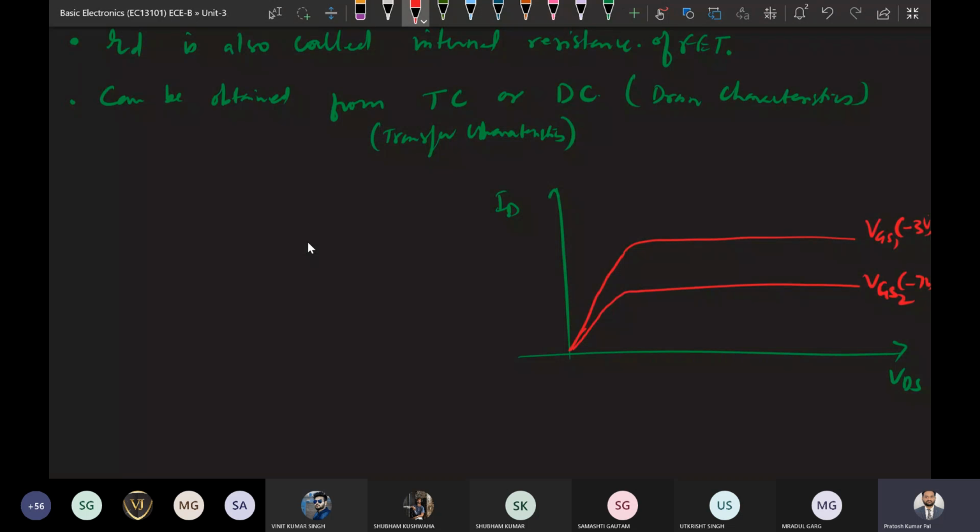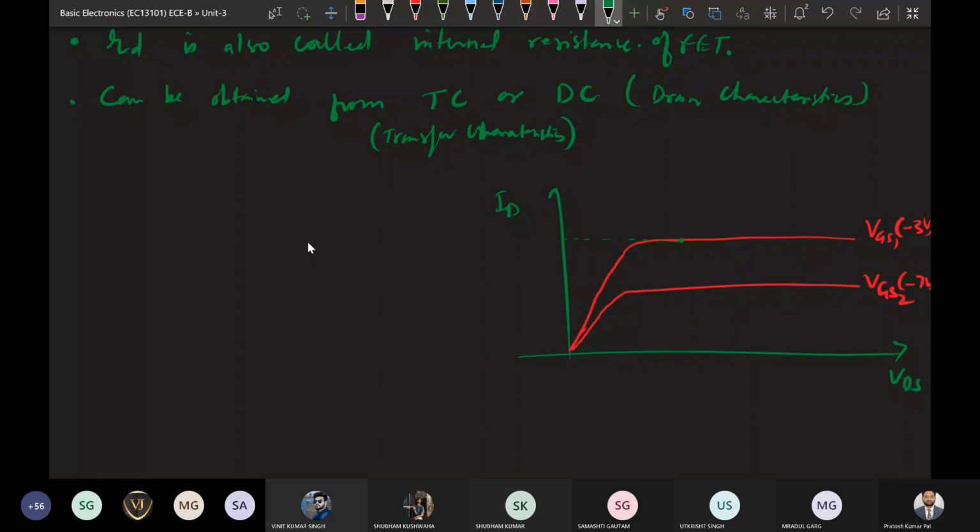To find out RD, we need to find the change in current. RD is defined at constant VGS, so either of these two VGS can be considered. Suppose this is point 1.